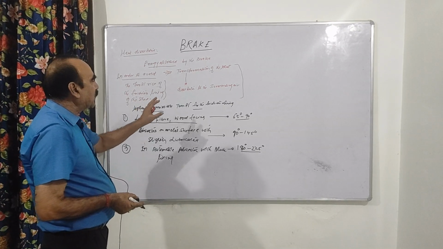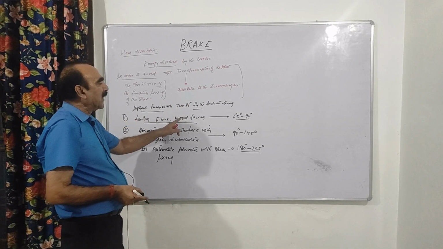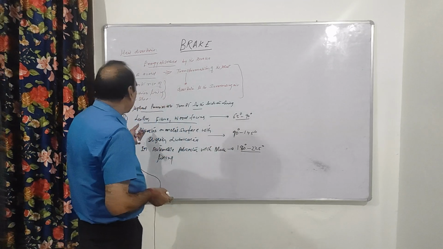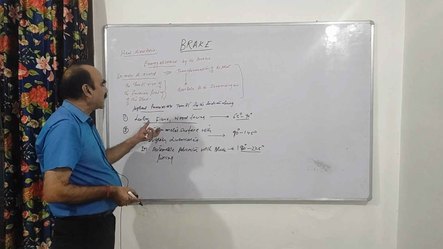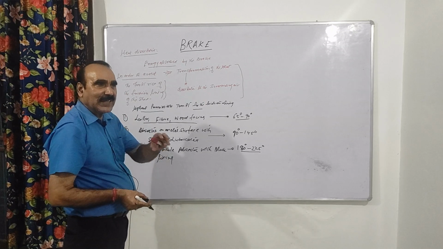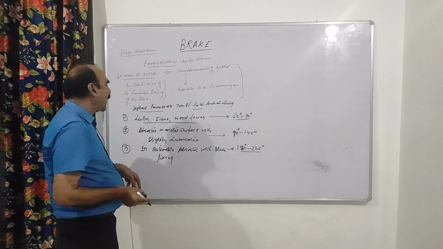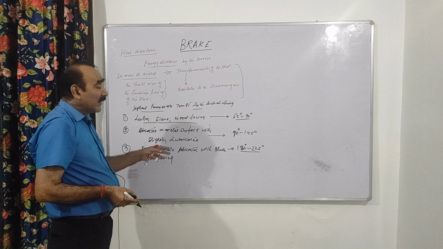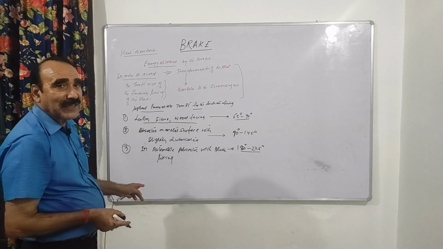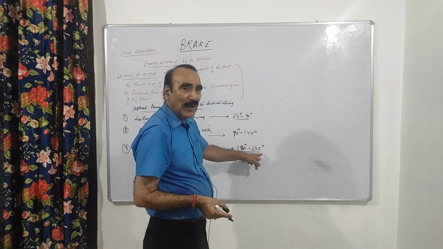The highest permissible temperature they can withstand: if it is made of leather, fiber, wood facing, in this case it will withstand a temperature between 65 degrees to 90 degrees. In the second case, asbestos or metal surface with slightly lubricated, not completely lubricated, slight lubrication, it will withstand 90 degrees to 145 degrees. And in automobiles where asbestos with block lining is there, completely lubricated, full lubrication, this will withstand 180 degrees to 225 degrees centigrade.